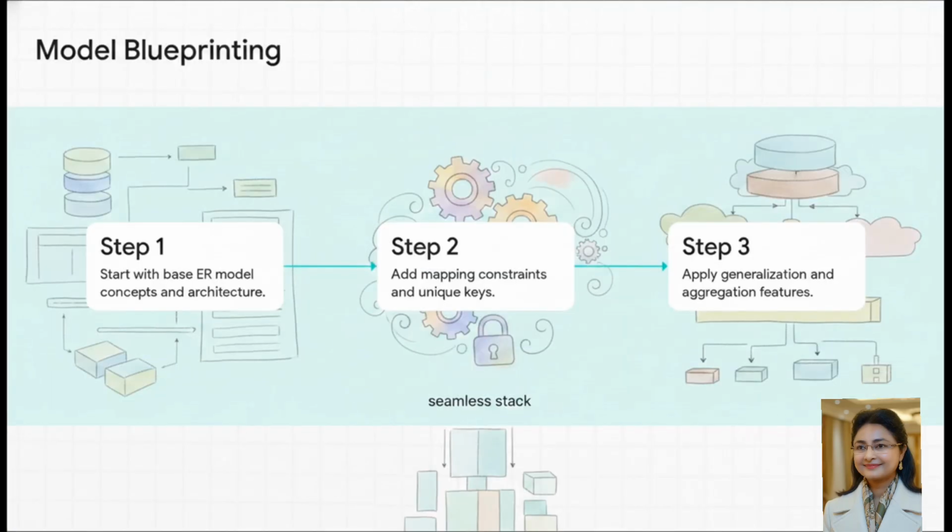And that is how the entire syllabus comes together into a seamless stack. Step 1, we start with the base ER model concepts, getting our entities and basic architecture down. Step 2, we enforce order by adding mapping constraints to govern the traffic and keys to guarantee unique identification. And finally, step 3, we handle real-world high-level complexity by applying generalization and aggregation.